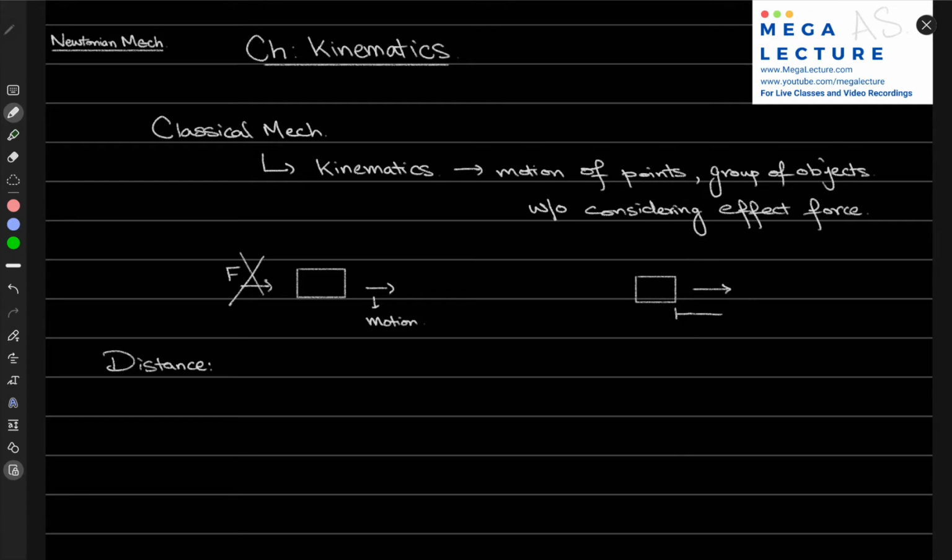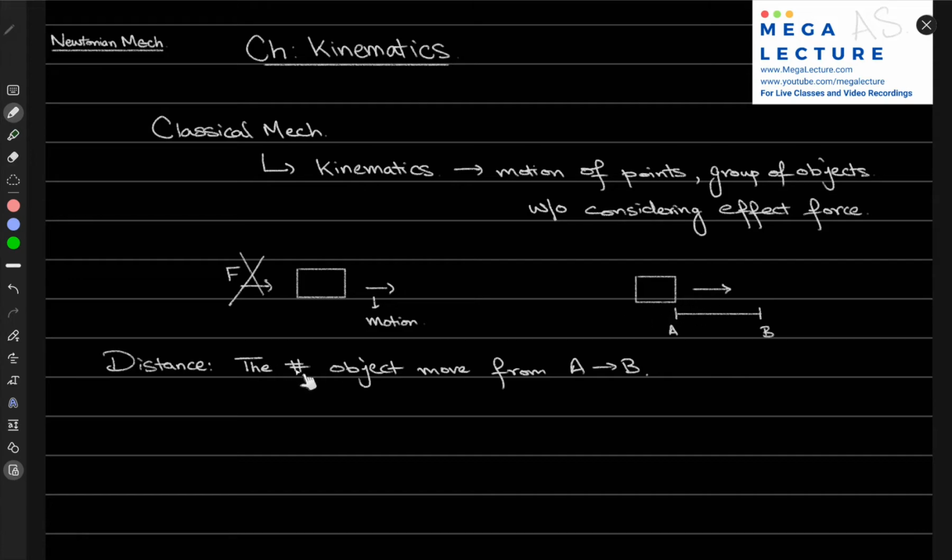It will move some value from, suppose this is point A to point B, and you have to define what this movement is, and you use the concept of distance. So it's really the number that my object moves from point A to point B.